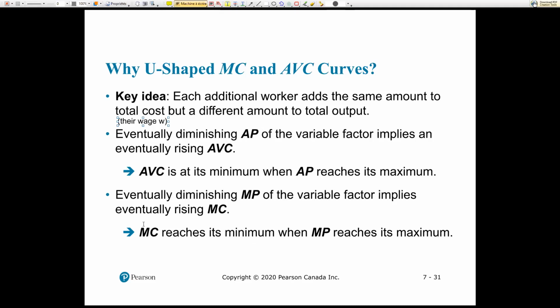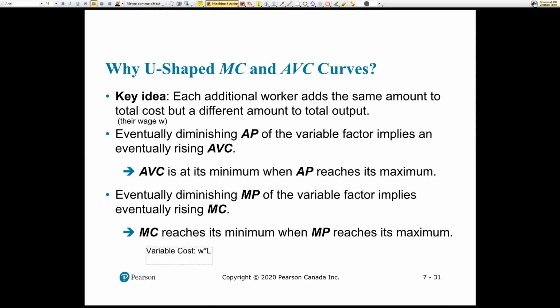Yeah, and the marginal cost reaches its minimum when the marginal product reaches its maximum. So I'm going to say that again. Variable cost is the wage times the number of employees I hire.